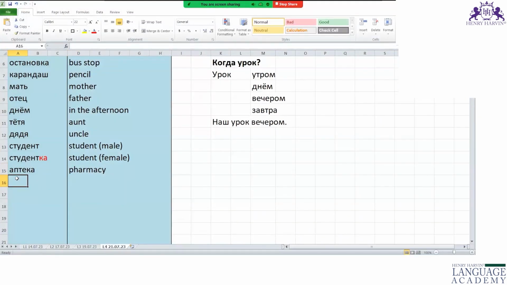So, for example, let me write it first. Institute. So institution. We usually use the word institute for higher education, right? We have a lot of them.